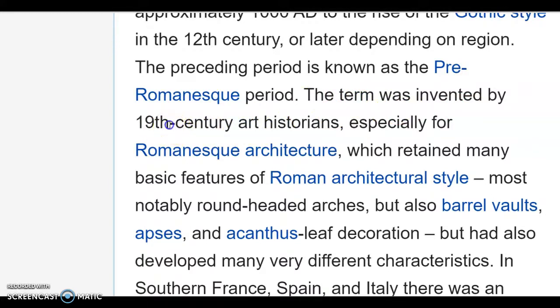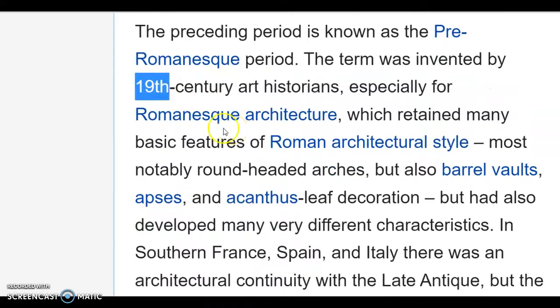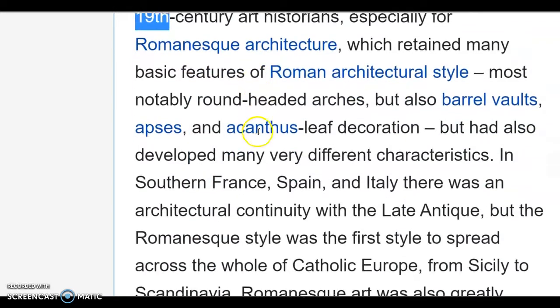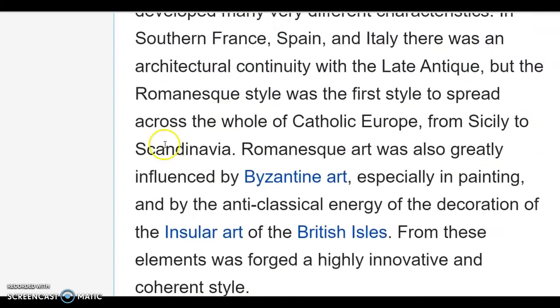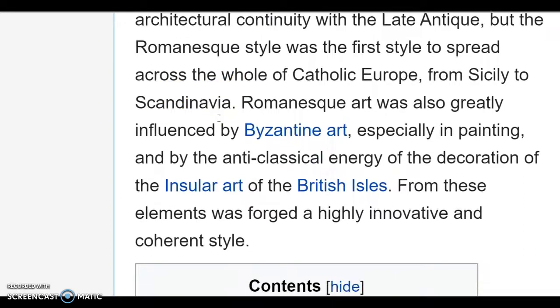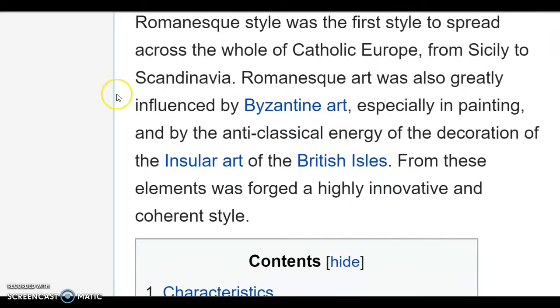So that's fairly late. It's just 100 years ago, 200 years ago type of thing, innit? So it's not that old, like what they're trying to claim. Romanesque architecture, very nice style of architecture and all that, but not as old as what they're claiming.